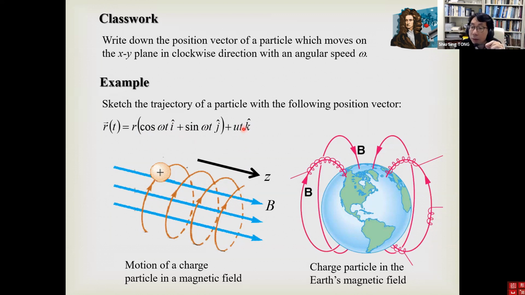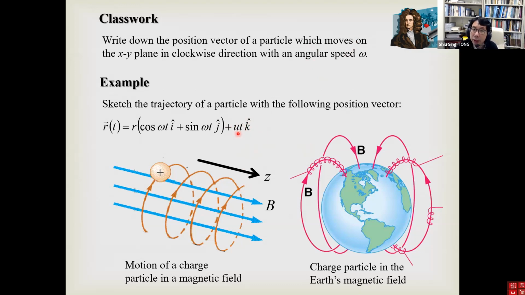Now we add a z component, and that turns a 2-dimensional motion into 3-dimension. The particle now has a velocity that goes in the z direction. Now, what does this vector describe?